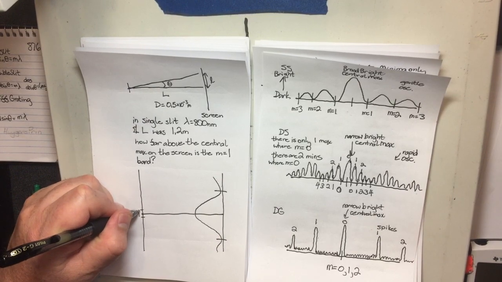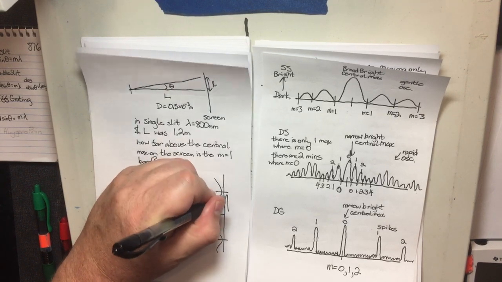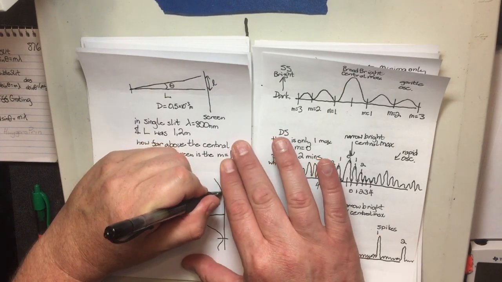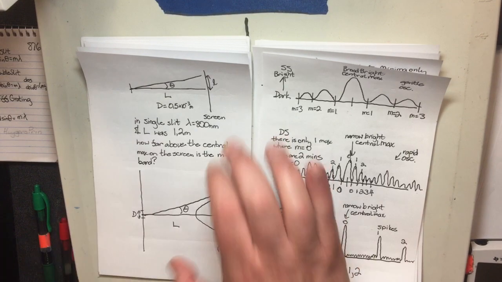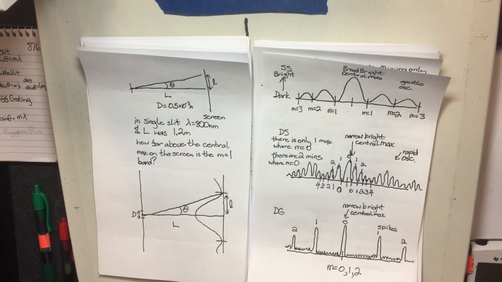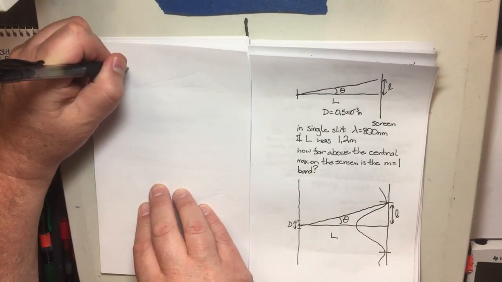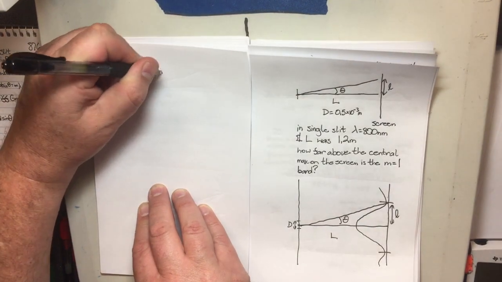The single slit has a distance D. I want to know this distance L, that's theta, that's L. I want to know the distance from the central max to the first minimum. In the equation, we use d sine theta is equal to m lambda.